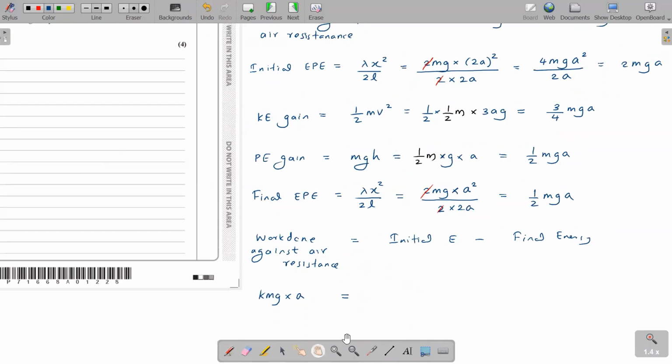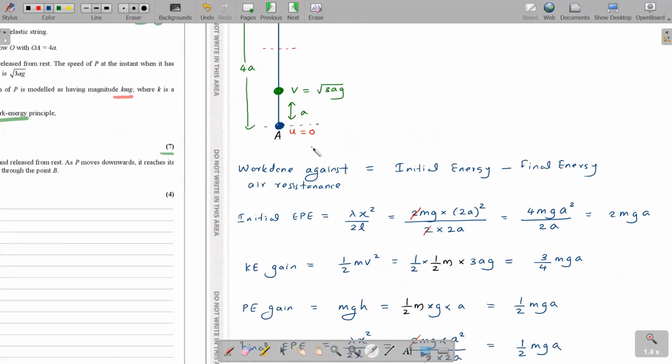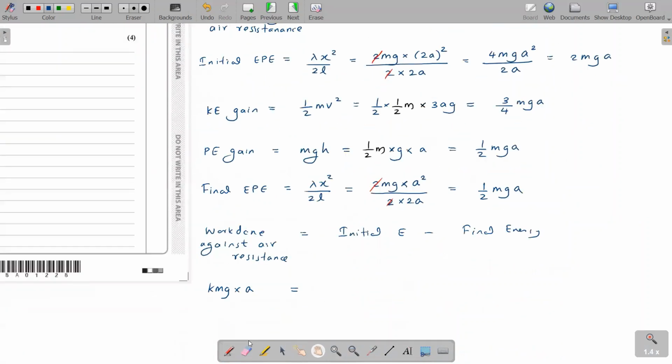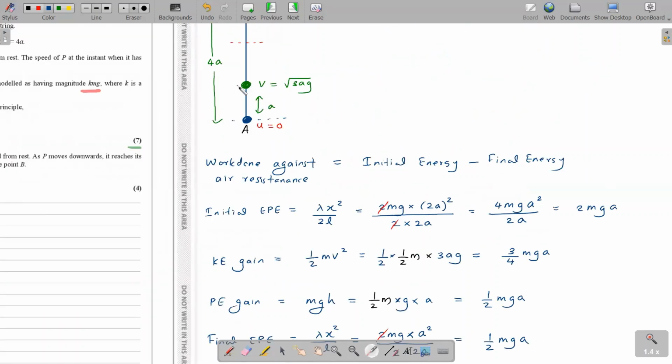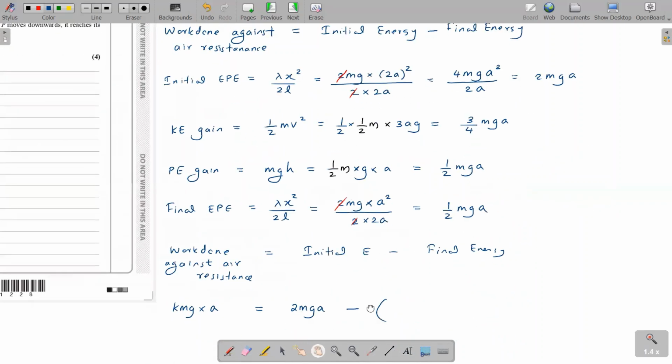Initial energy, what do we consider for initial energy? At the start, we have only initial elastic potential energy. There's no kinetic energy and no potential energy at this point. So the initial elastic potential energy is 2mga. And subtracting the final energy, what do we have? We have the kinetic energy gain, because when you come up you have a kinetic energy gain, a potential energy gain, and the elastic potential energy again.